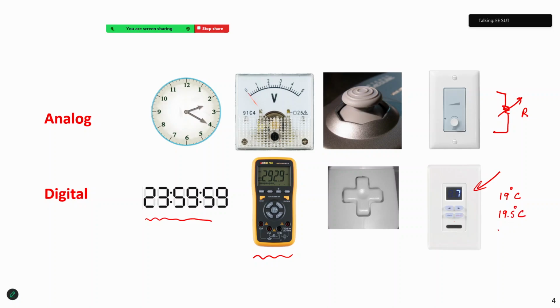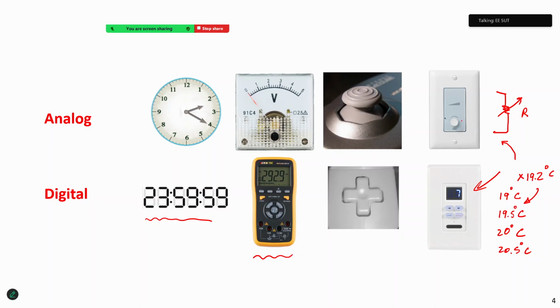You can set it to 20 degrees Celsius and 20.5 degrees Celsius, and you cannot try to control the temperature to 19.2, for example. It's not allowed in a digital control system, but for an analog system, it may be possible.